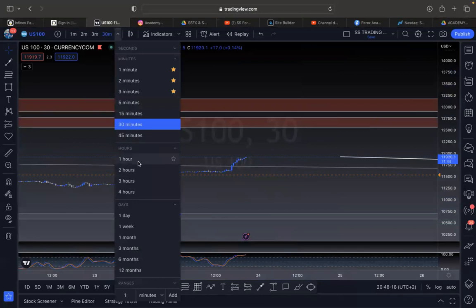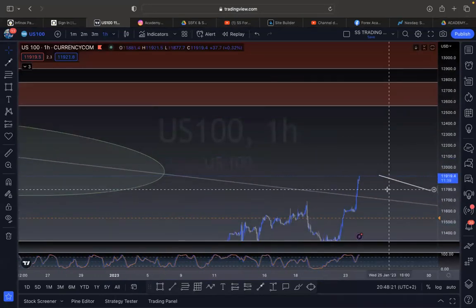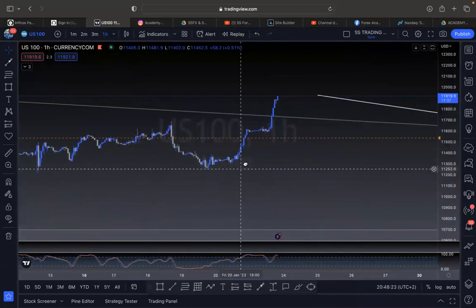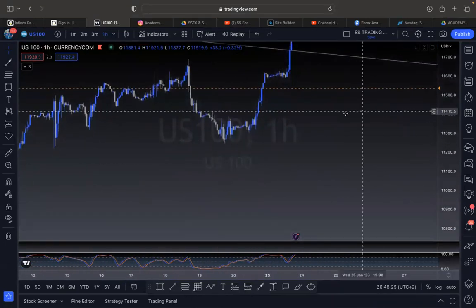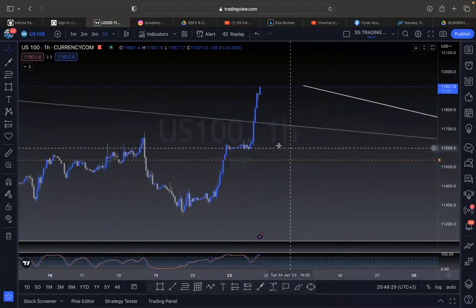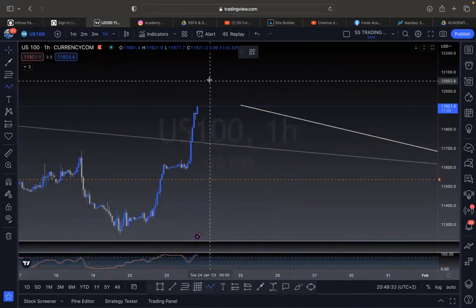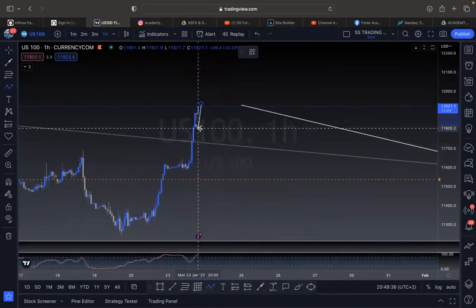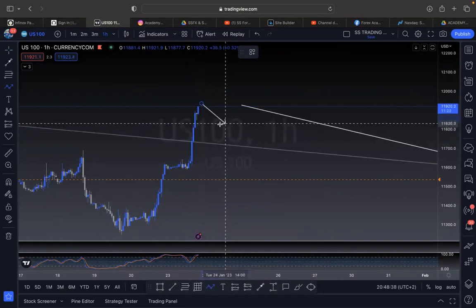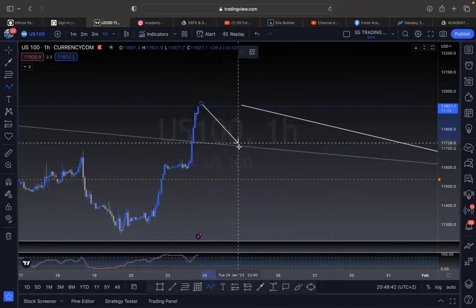We go down from the daily to the 1 hour time frame. Okay, so on the 1 hour, like I said, we want to see a pullback, preferably into any of these imbalanced areas here.